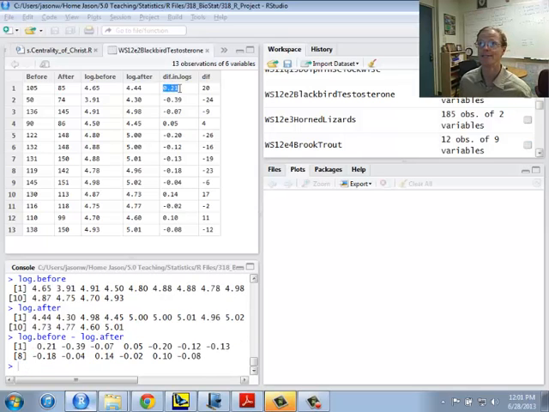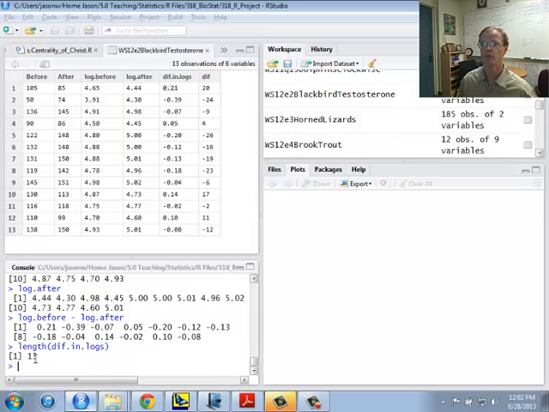Notice it's called up here diff in logs. That's really the thing I'm interested in. How many are there? Well, it said in the notes that it was 13. We can count it right here. Sure enough, it is 13, so everything's looking good.